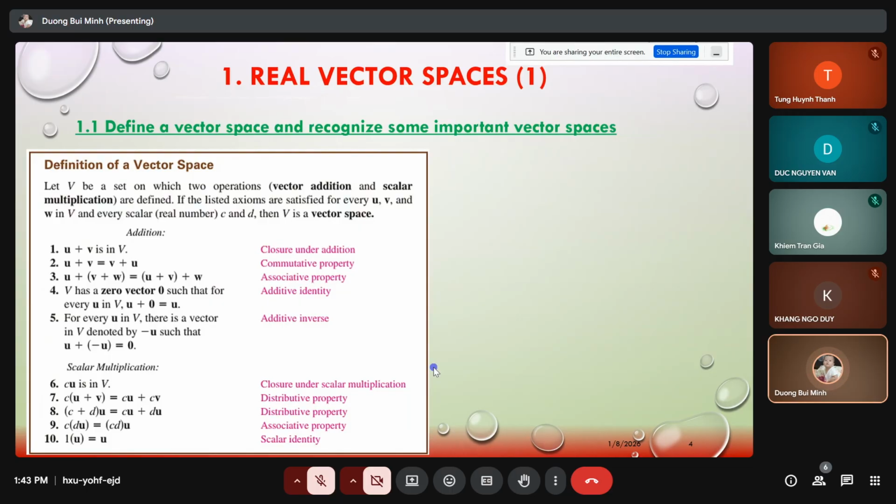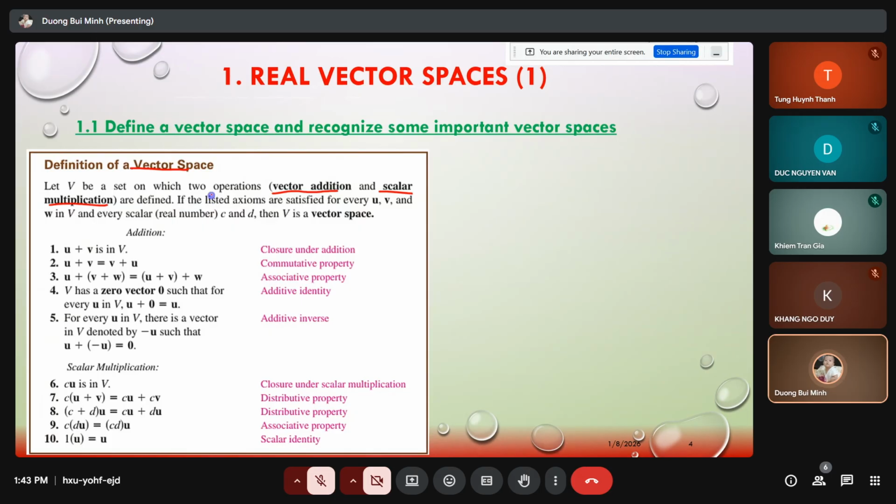So here we have the definition of a vector space. Let V be a set with 2 operations, vector addition and scalar multiplication, undefined.